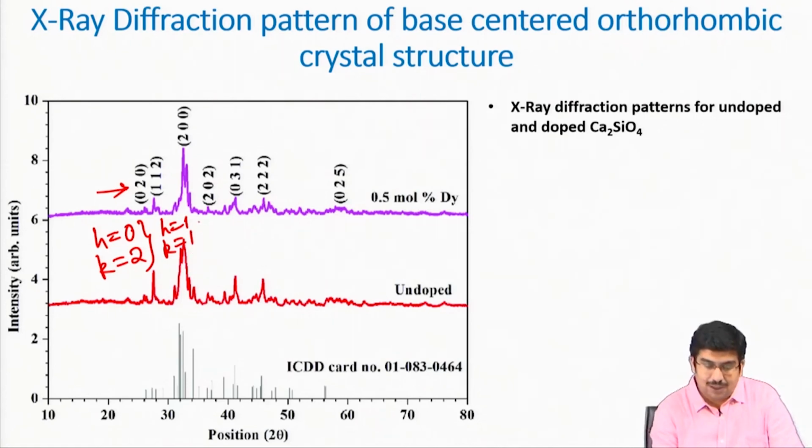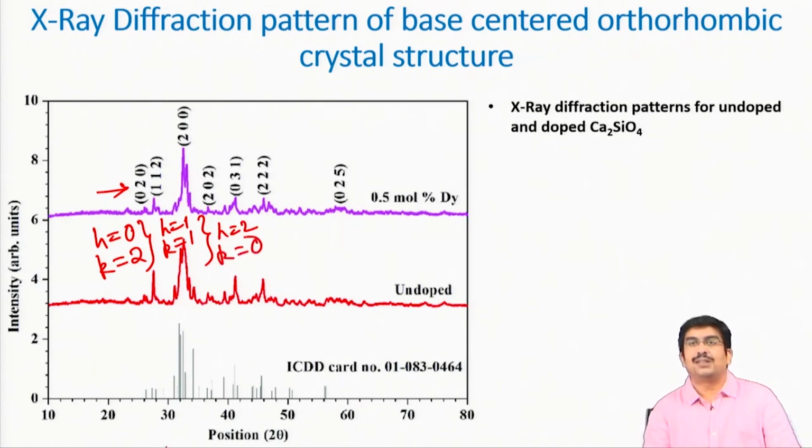The third one is 2 0 0, H equals 2, K equals 0. In all of these cases H and K are unmixed, either both even or both odd, but we are not getting any where they are mixed.